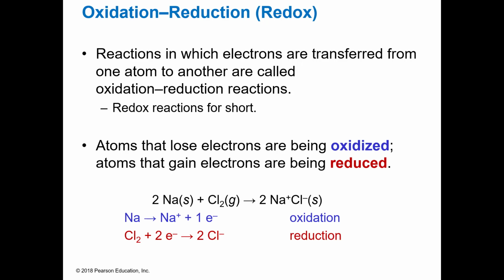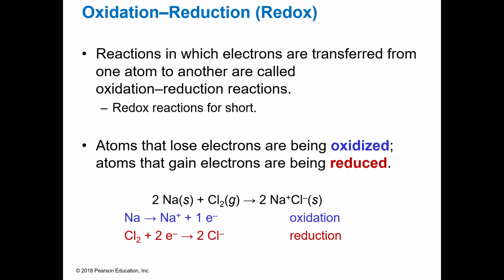All right, so let's go back and talk about what oxidation and reduction are. You can't have one without the other. When a substance loses electrons, we say that it's being oxidized. And when a substance gains electrons, we're saying it's being reduced. So when you look at the chemical equation, sodium reacts with chlorine gas to form 2 moles of sodium chloride solid.